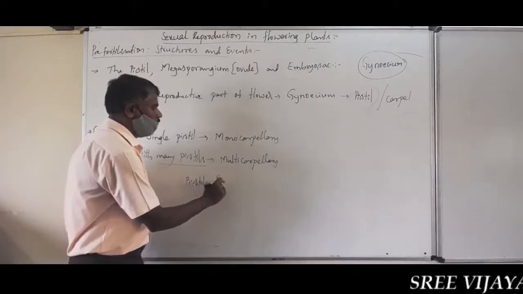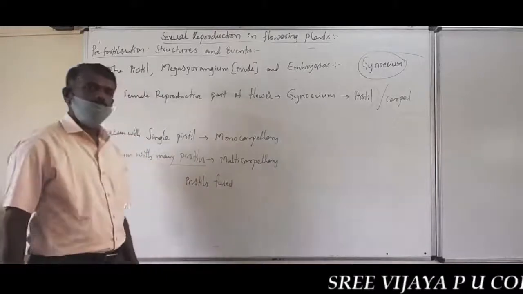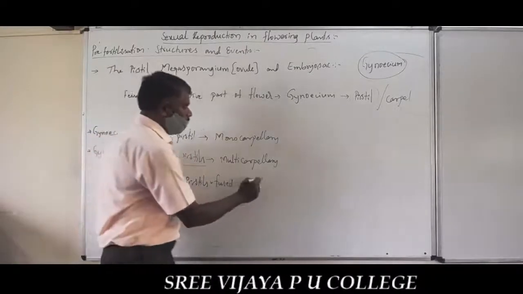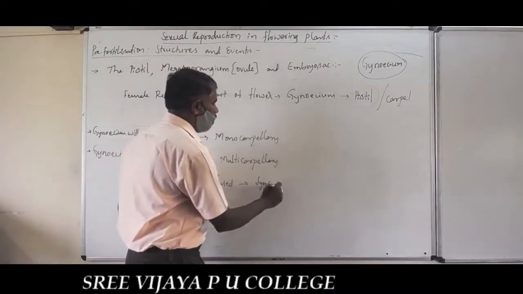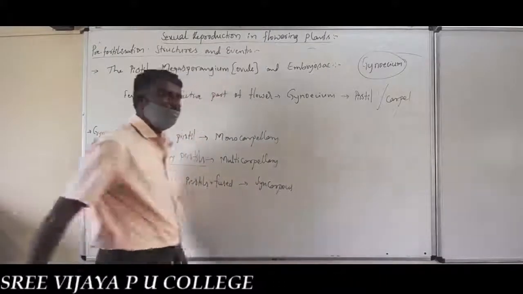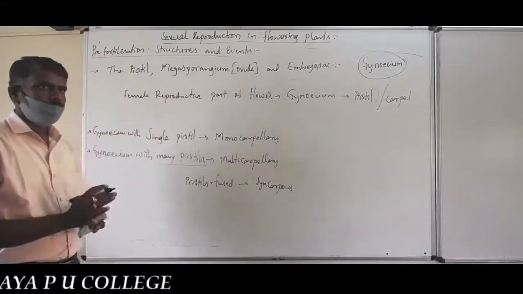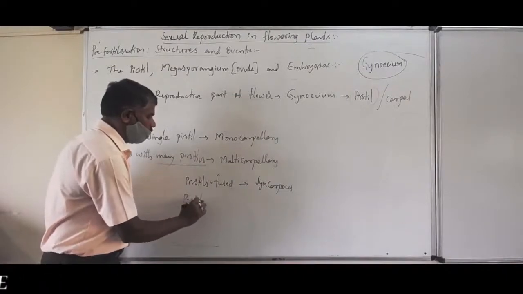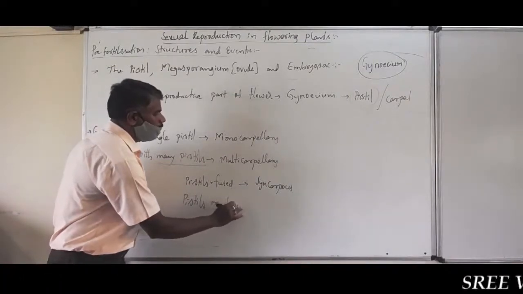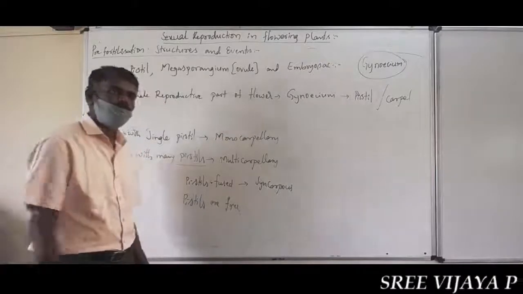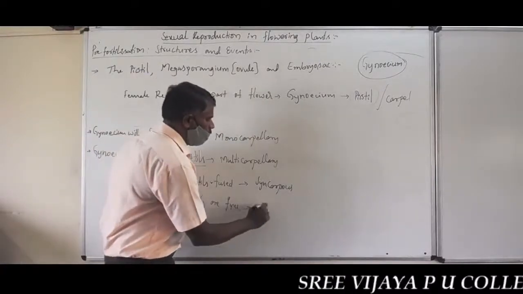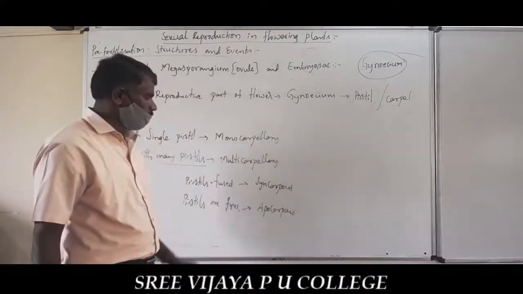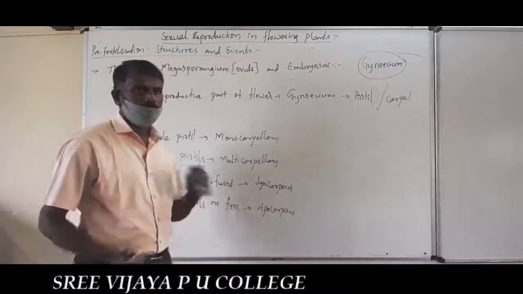If the pistils are fused, it is called syncarpous. Or the pistils may be in a free condition. If pistils are free, that is apocarpous. That is syncarpous or apocarpous.